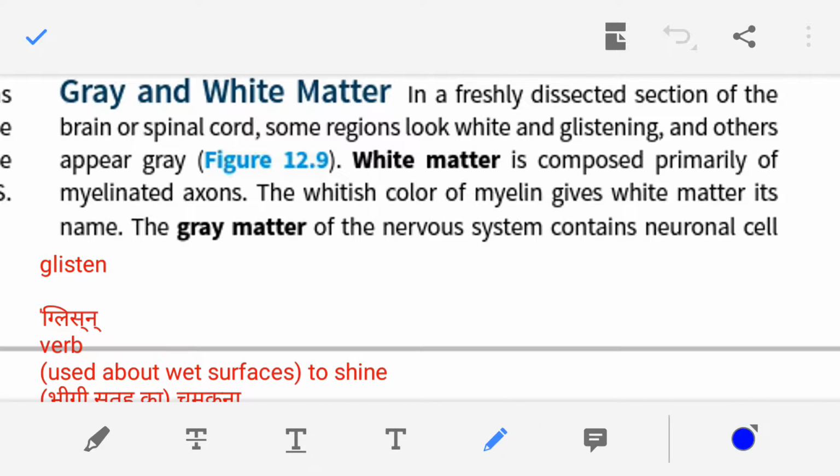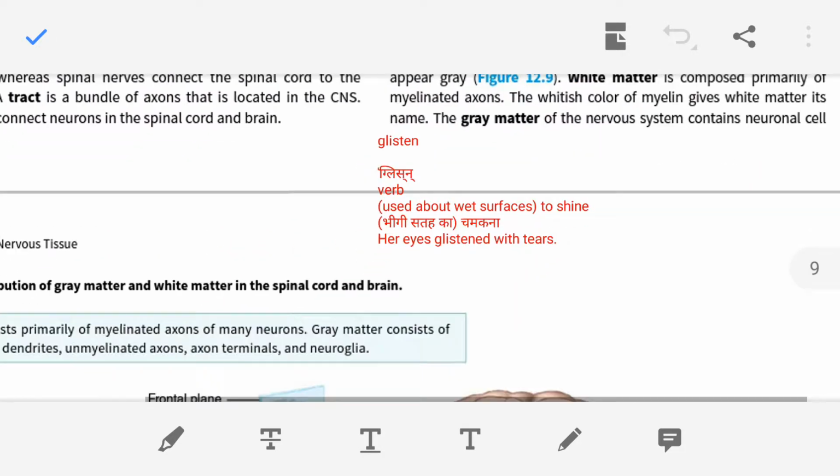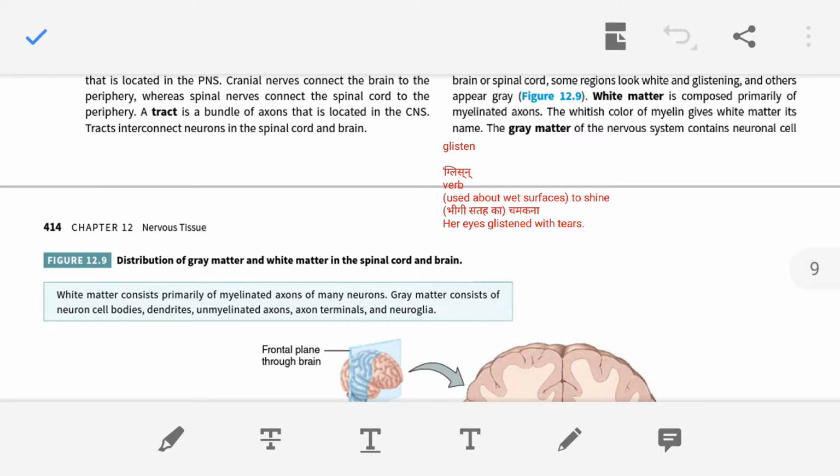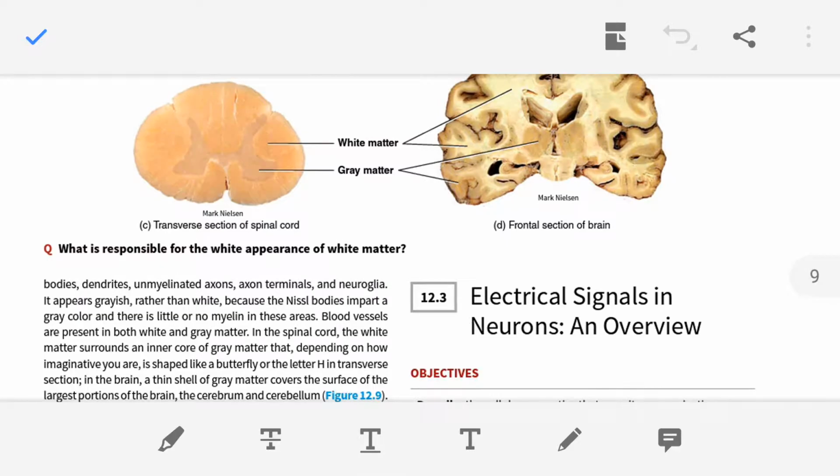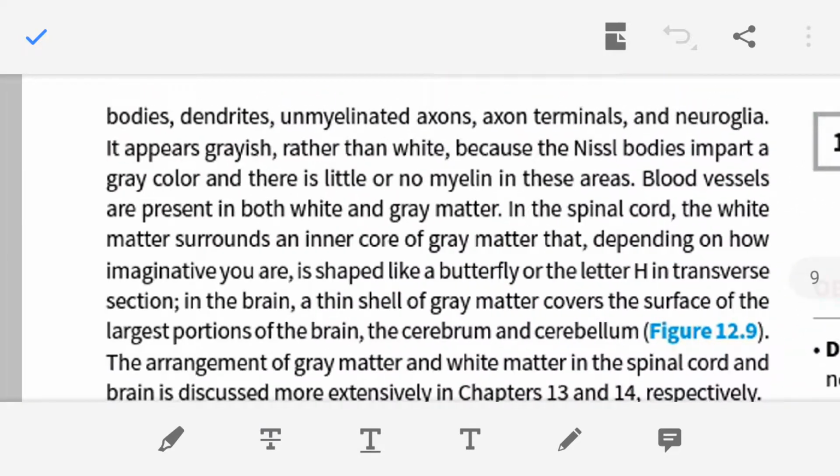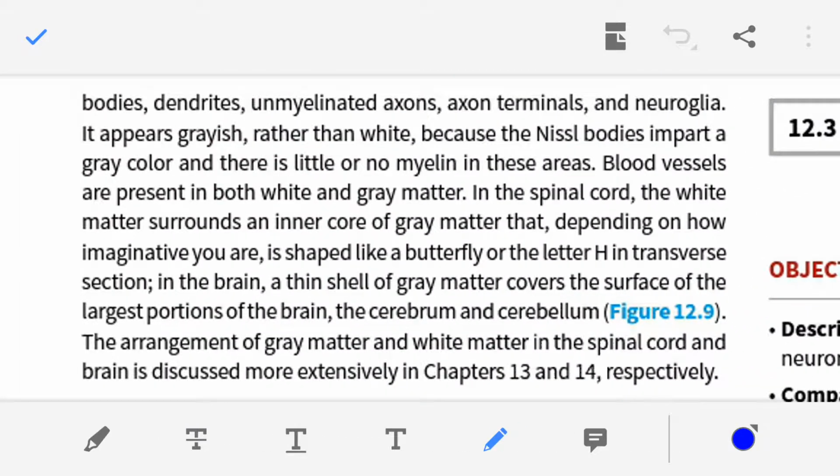Whereas the gray matter of the nervous system contains neuronal cell bodies. In the gray matter neuronal cell bodies are present, dendrites are present, unmyelinated axons are present, axon terminals are present, and neuroglia are present.